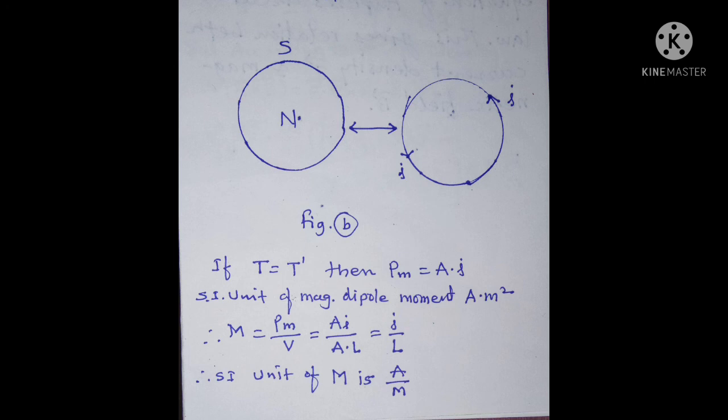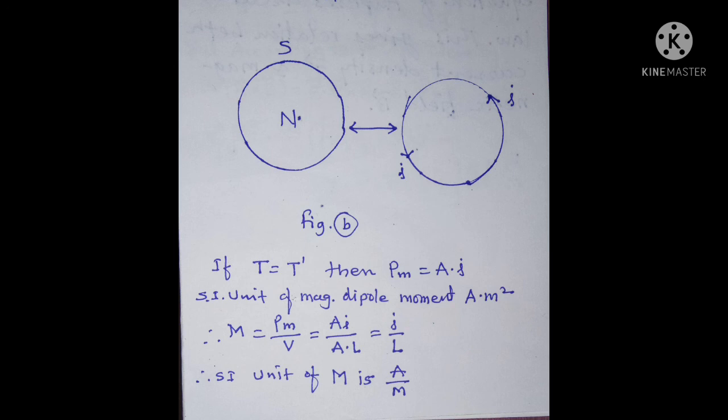Now, extending this analogy, for a magnet, the dipole moment Pm can be equivalently considered to be due to a coil wound around the magnet with length as the axis and carrying current I, called the surface current.